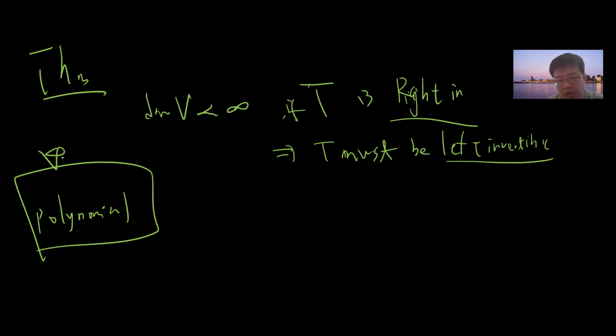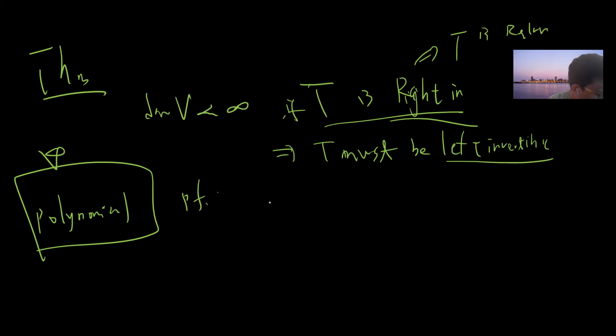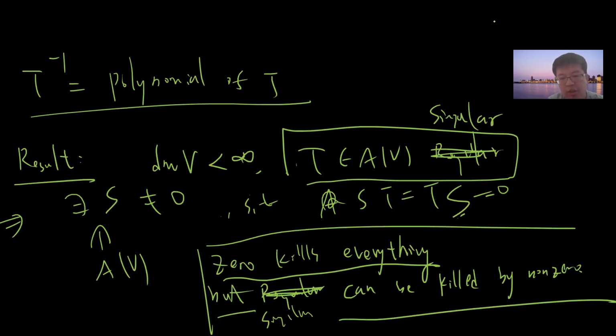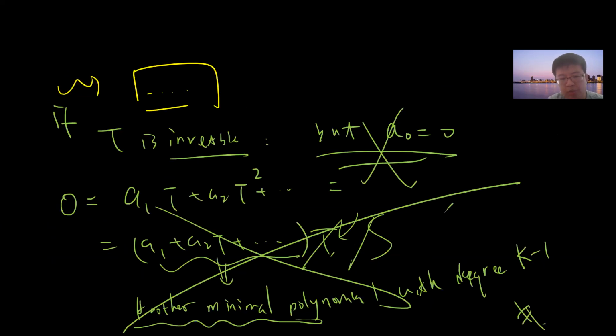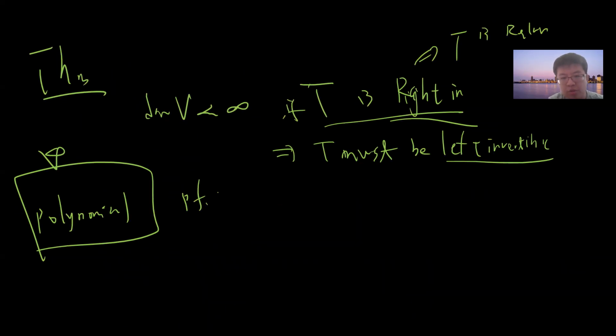So the idea is that we want to prove that if T is right invertible, then T must be left invertible. Basically, I'm saying if T is right invertible, then T must be regular. So, proof. Previously there is a polynomial, right? I can find such a polynomial U such that TU is 1.